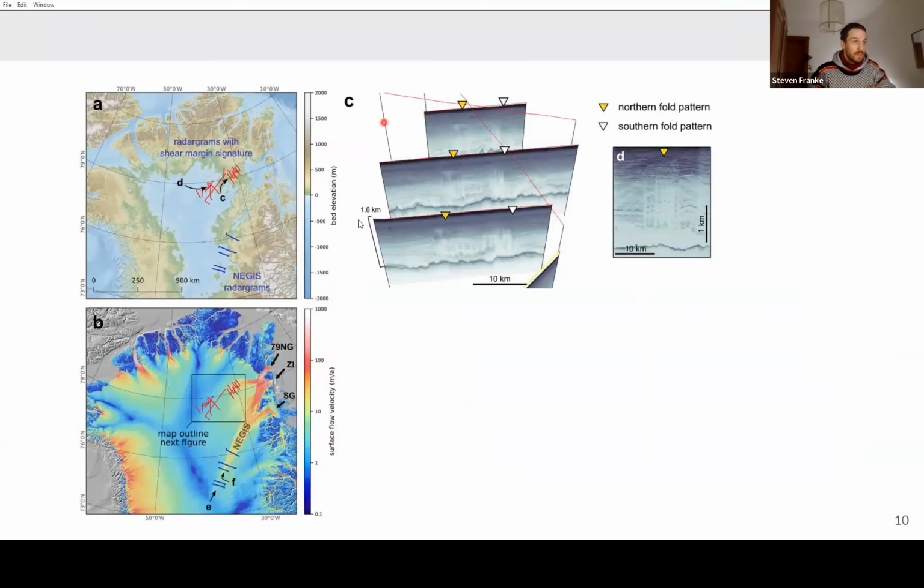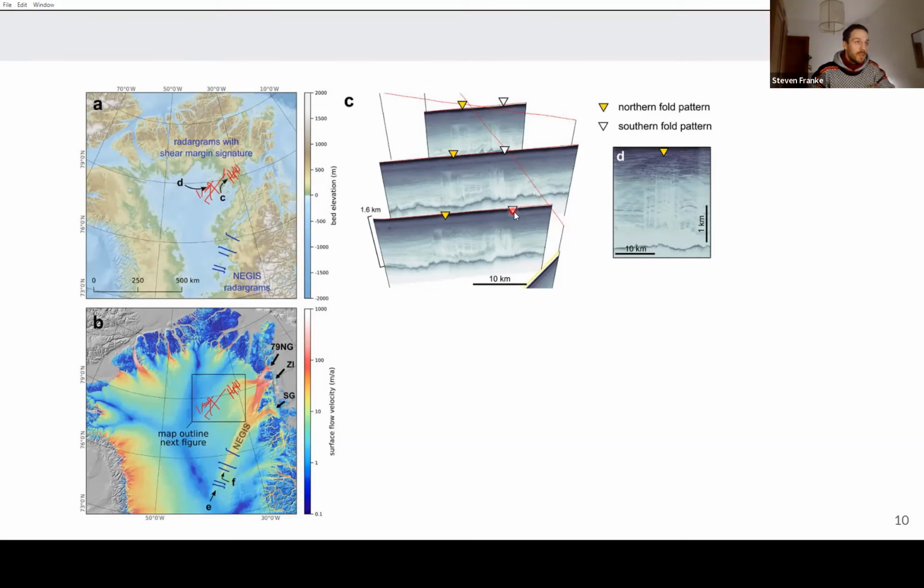So here in panel C in the middle, we see 3 radargrams that are parallel to each other. And these are located at the position where we have this little arrow and the C, which is here in the velocity map. And we see that there's, at the moment, at least no ice stream, as we can see here at NEGIS, for example.